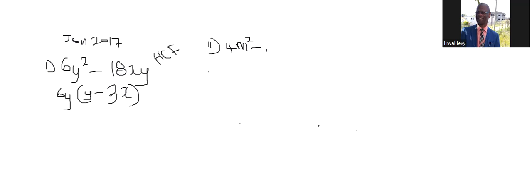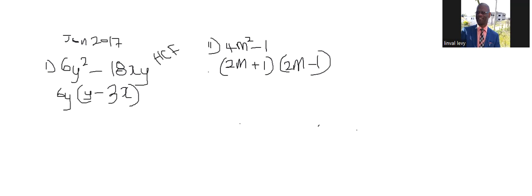So in this case, we're going to have 2m plus 1 and 2m minus 1. Write plus 1 and minus 1, it doesn't matter, but I prefer to write positive first. So that's difference of squares.